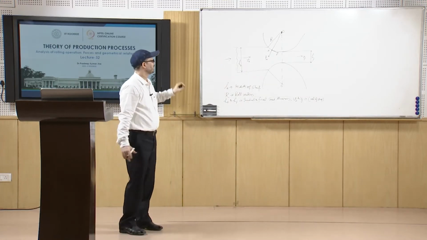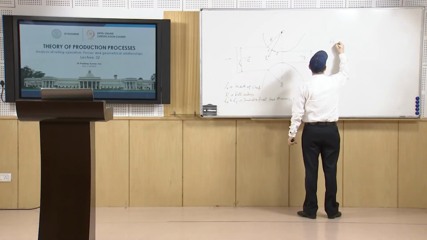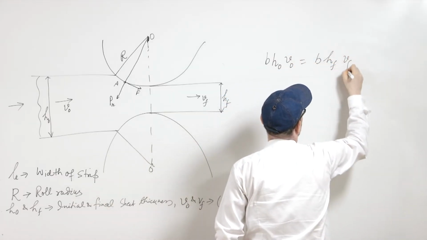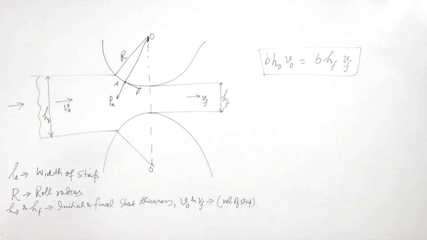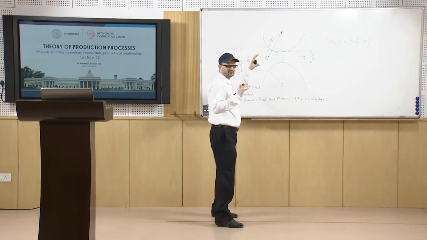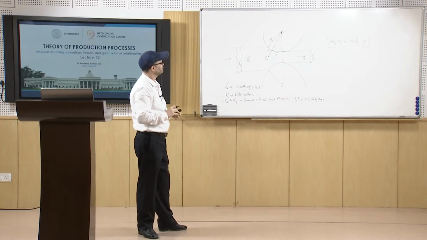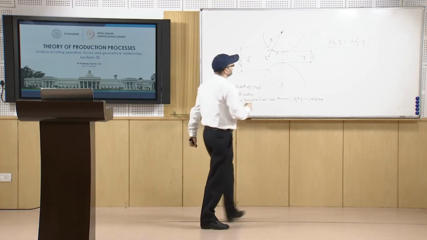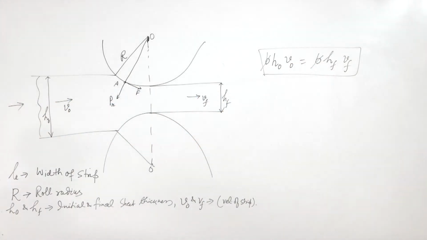So, this condition will be applied: B h naught v naught equals B h f v f. This condition needs to be satisfied. B we have assumed constant, so using the constancy of volume condition, B will cancel, and you see h naught v naught equals h f v f.